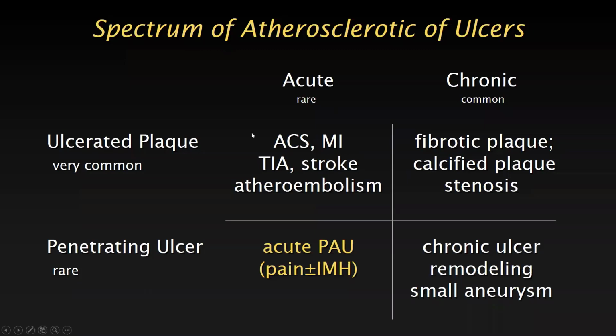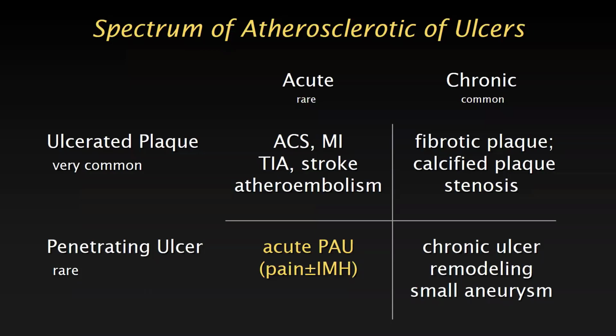And you have similar situations. You can have patients who develop stroke or TIAs or atheroembolism. So if you can have acute ruptured or ulcerated plaque, the complications are usually downstream embolic events, okay?